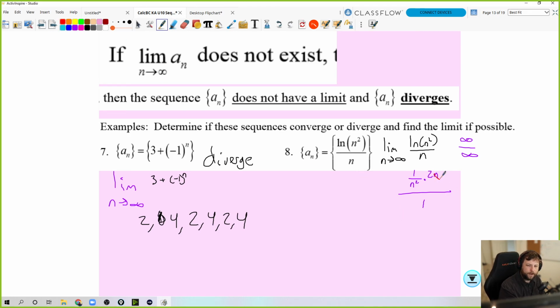Simplifying, you just get 2 over n. That would be 2 over infinity, which goes to 0. So we would actually converge here, and the limit would be converging to 0.